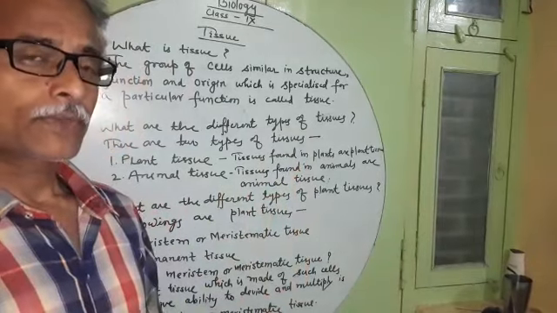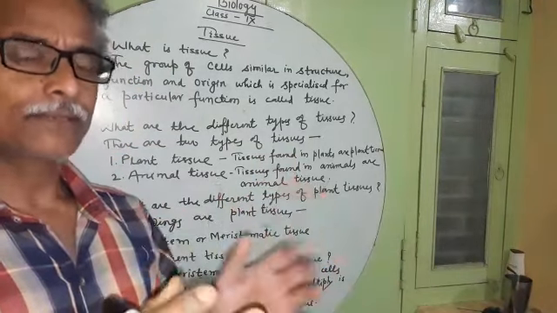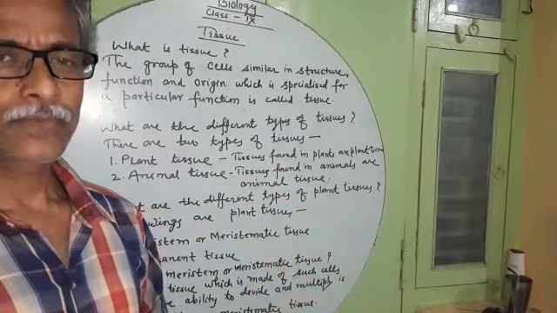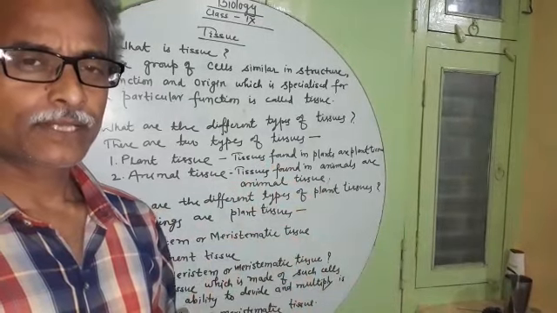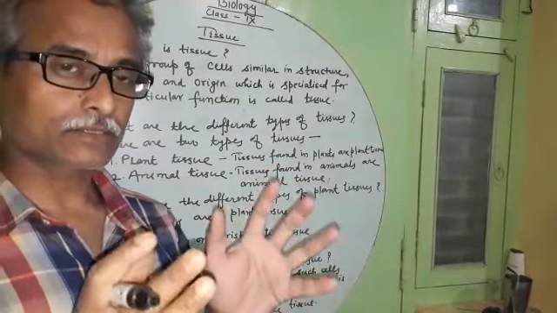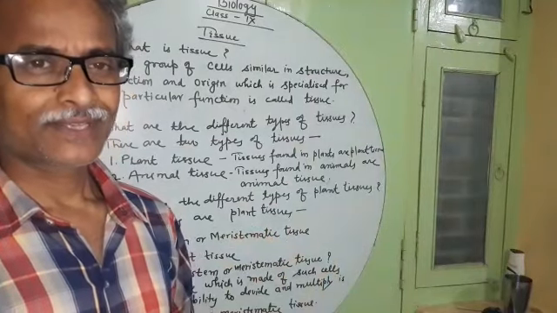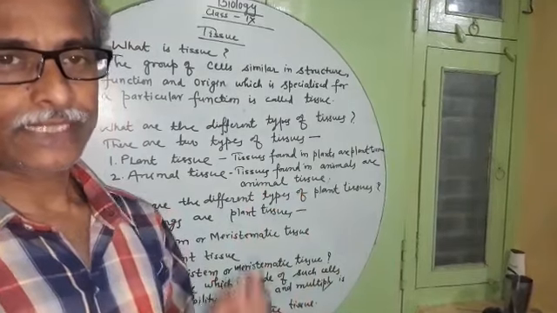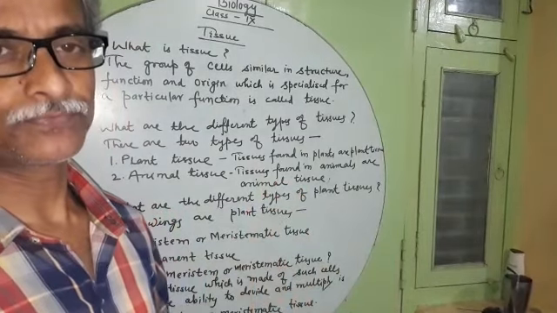And when these cells start to live together and make a specialized structure for a particular function, then it makes tissue.